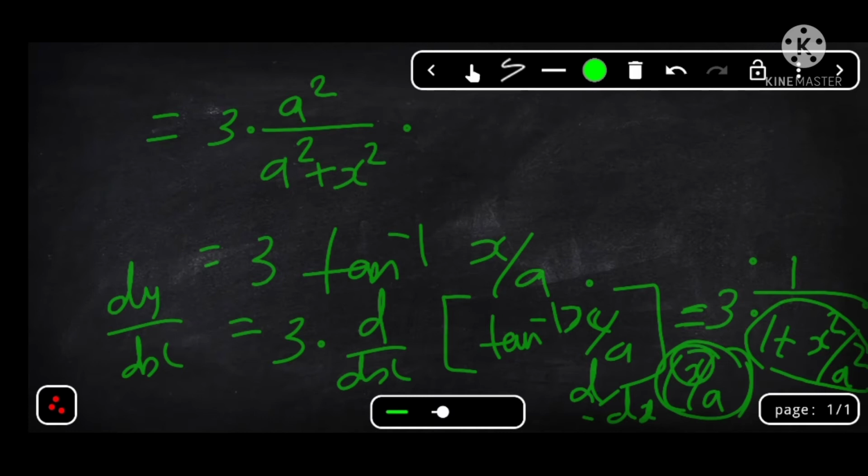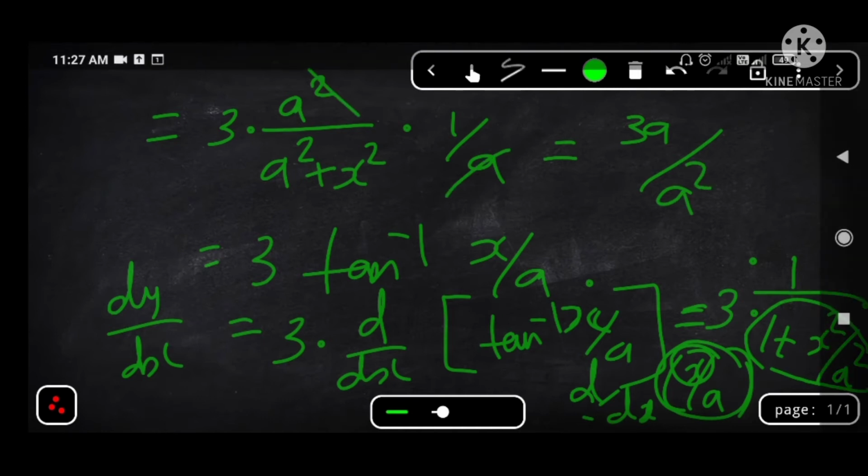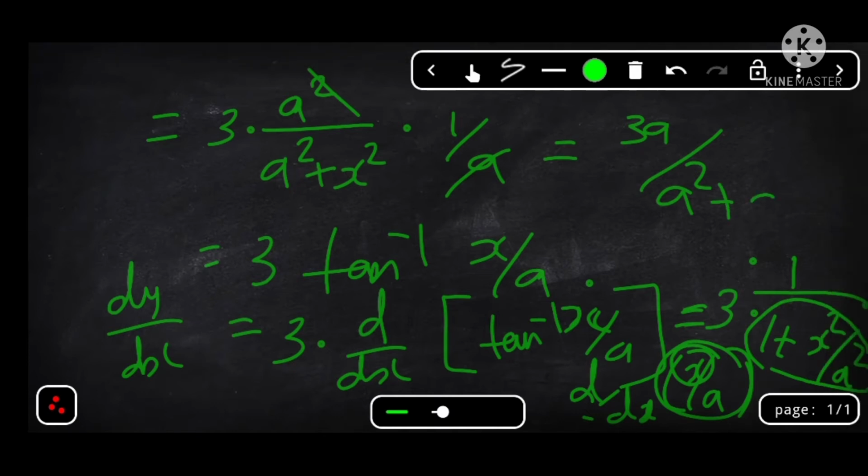Okay, and this a is a constant, so our d by dx of x by a will give us 1 by a. Clear? 3a by (a square plus x square), because this a and this will get cancelled. This will be our final answer.